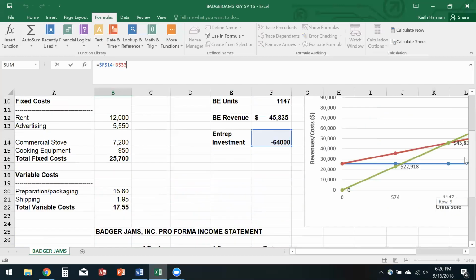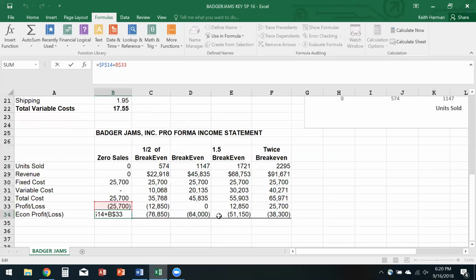And pardon me, it's the F14. F14 is the entrepreneur's investment plus the profit or loss. Now, that's if we don't sell anything.